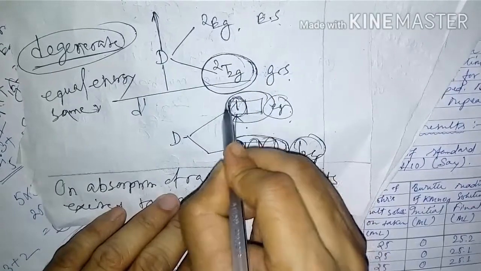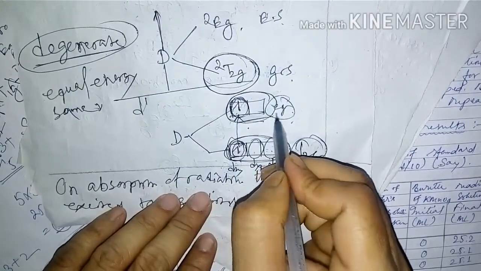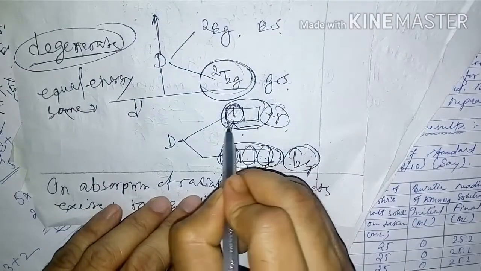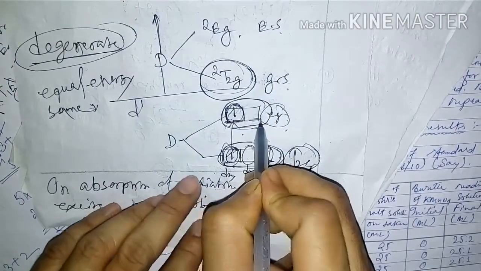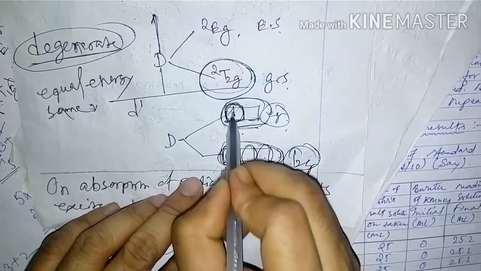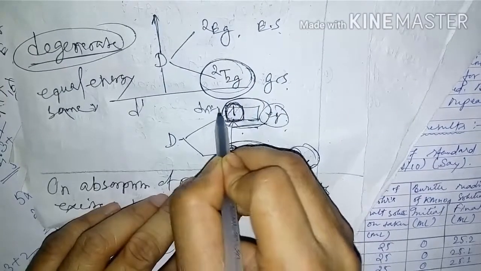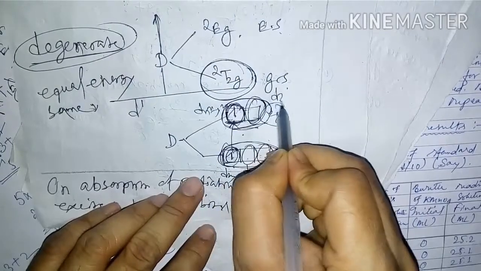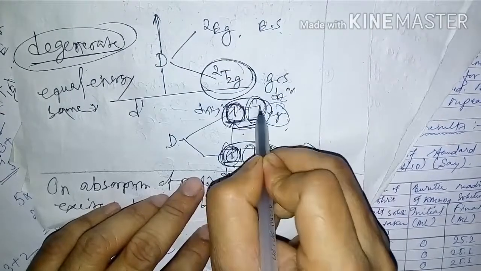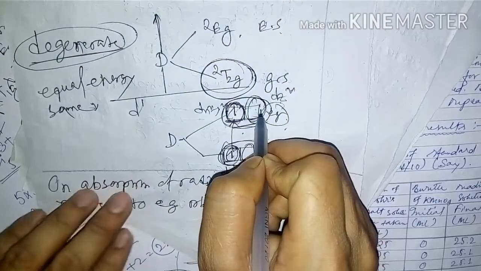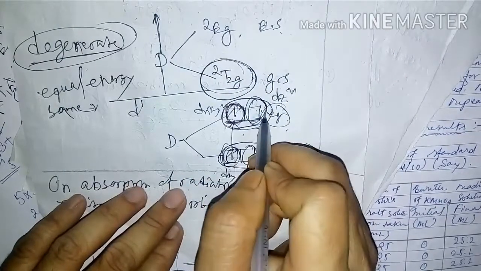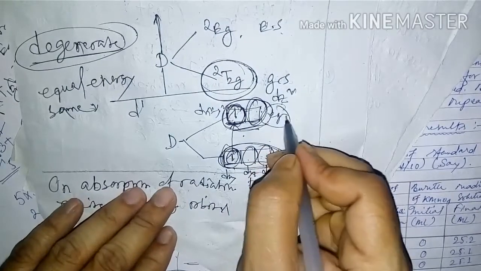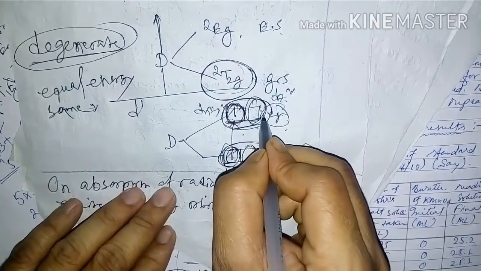The eg orbitals have 2 degenerate orbitals: the first is dx square minus y square, and the second is dz square. These two degenerate orbitals of equal energy are called eg.